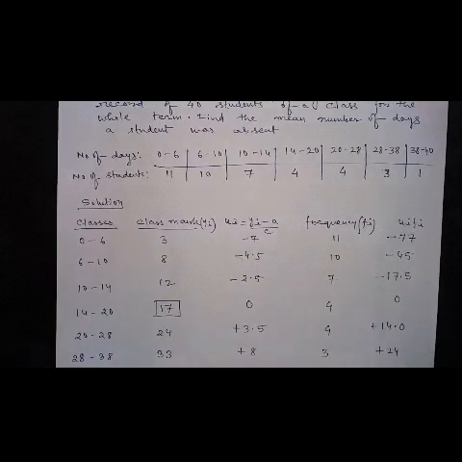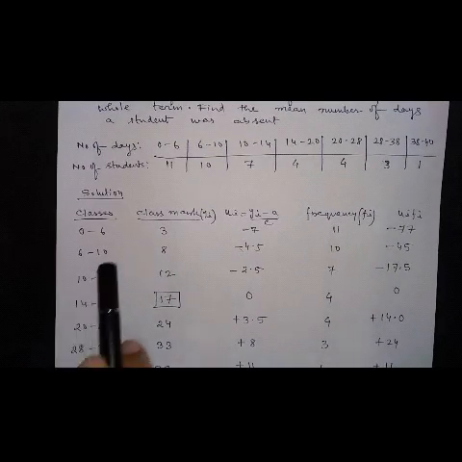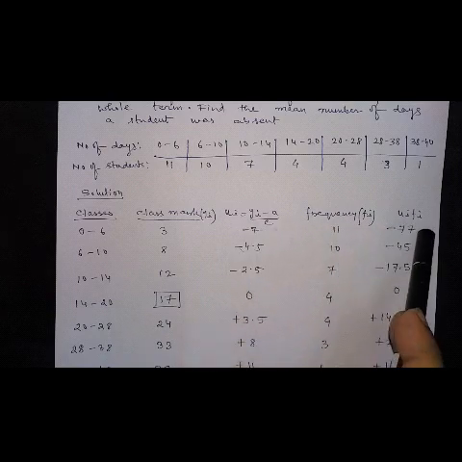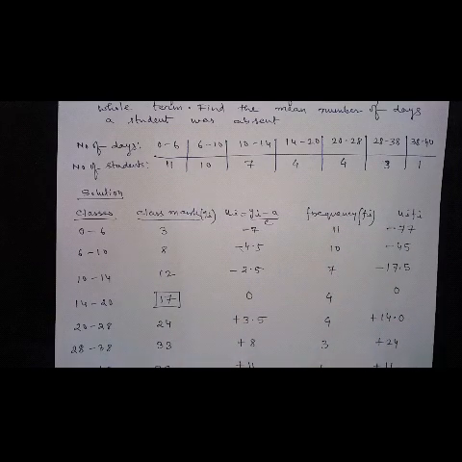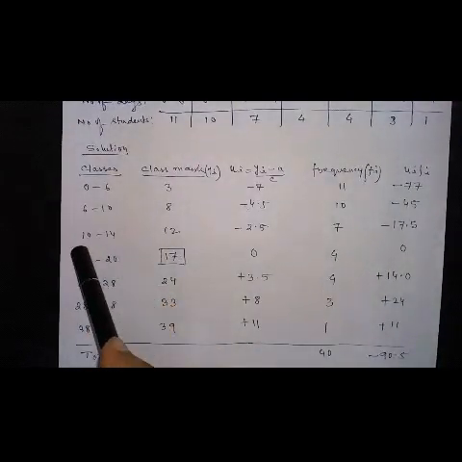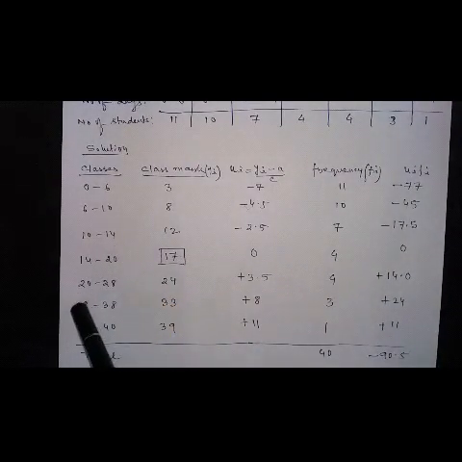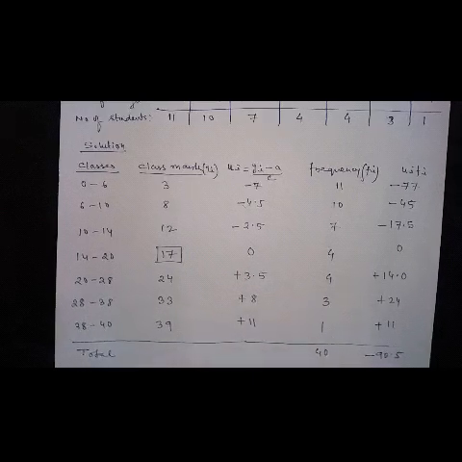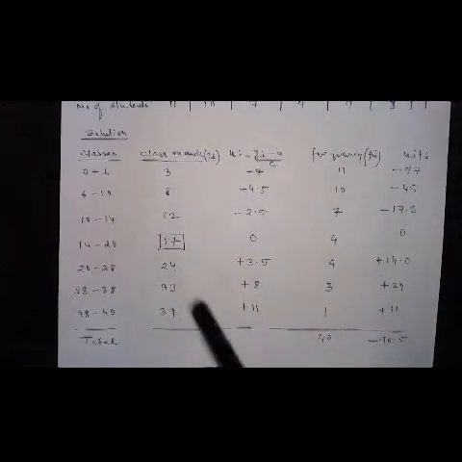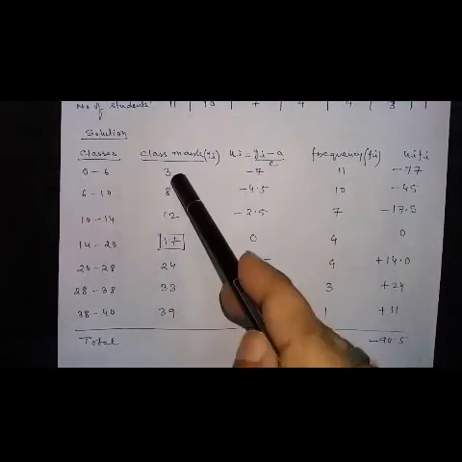So as we have to find out the table, this is your table: class, class mark, ui, frequency, fi ui. These are the class intervals that I have written: 0 to 6, 6 to 10, 10 to 14, 14 to 20, 20 to 28, 28 to 38, and 38 to 40. And the class marks: you just have to add and divide by 2.